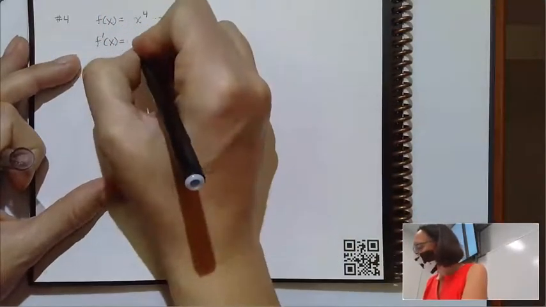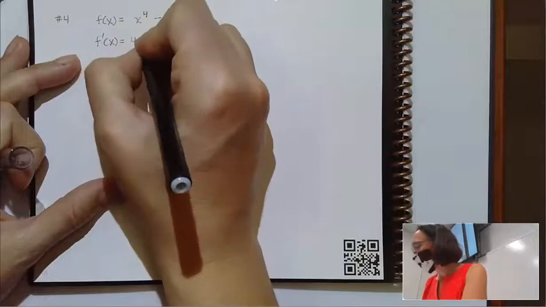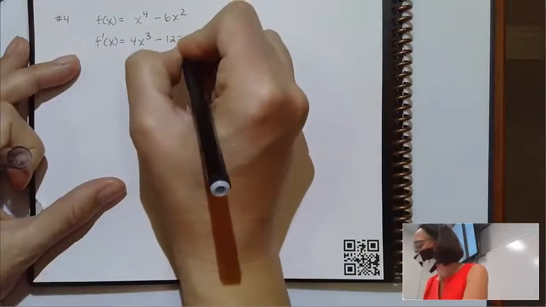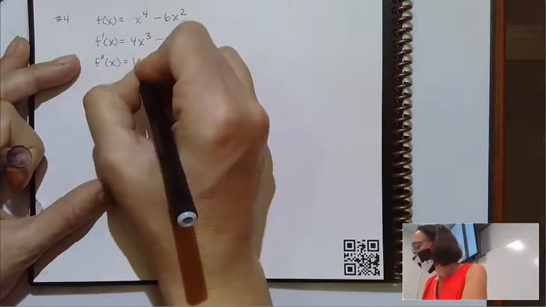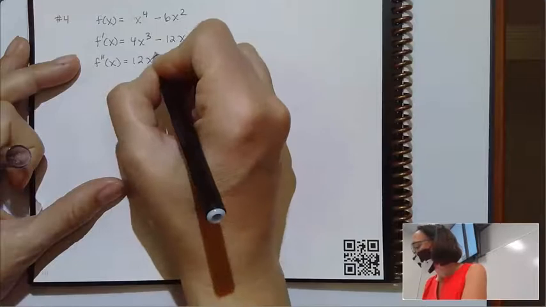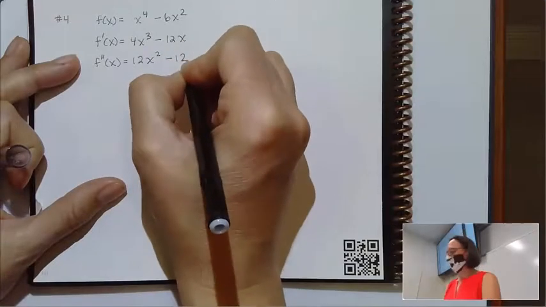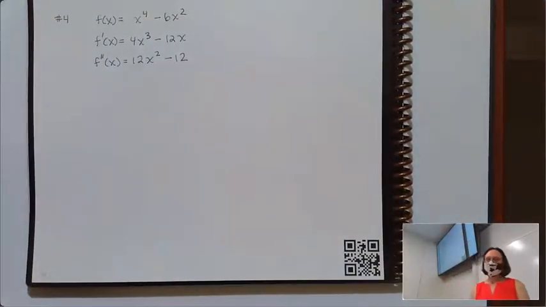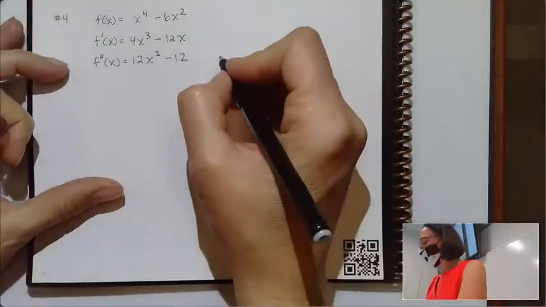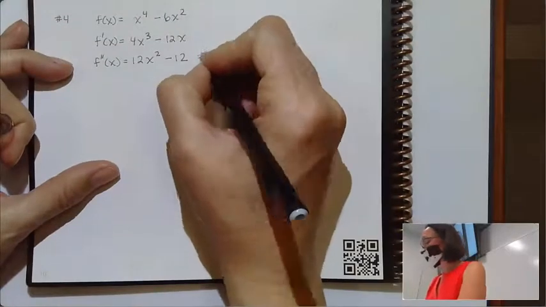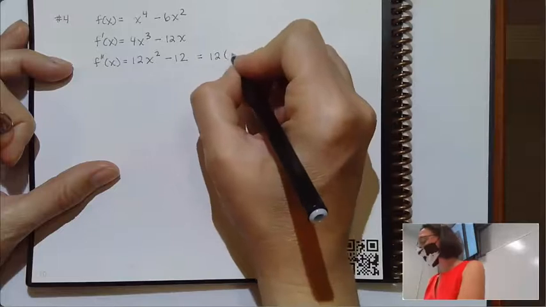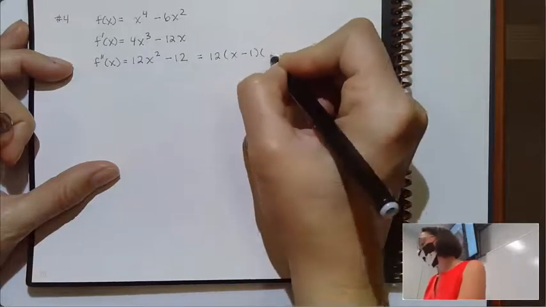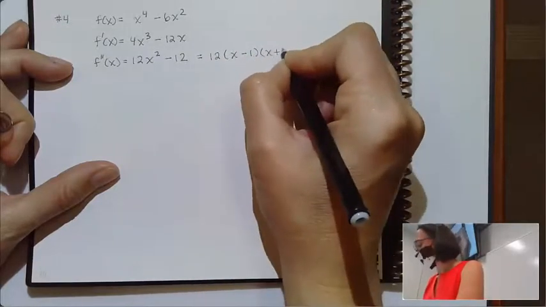That first derivative, I'm looking at 4x cubed minus 12x. And for my second derivative, I'm looking at 12x squared minus 12. So if I'm trying to figure out where it's concave up and concave down, I really need this to be equal to 0. And then I'm going to get it factored. And it looks to me like that's going to factor as 12 times x minus 1, x plus 1.